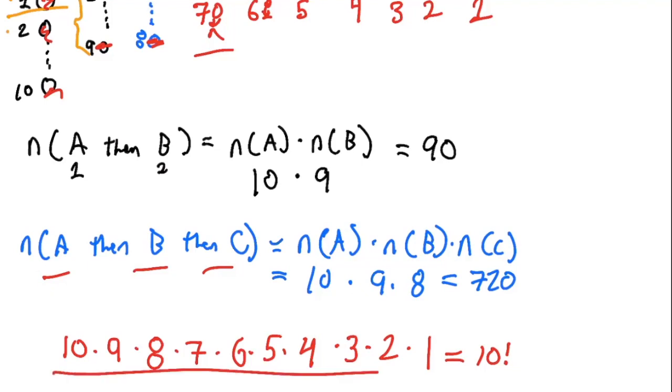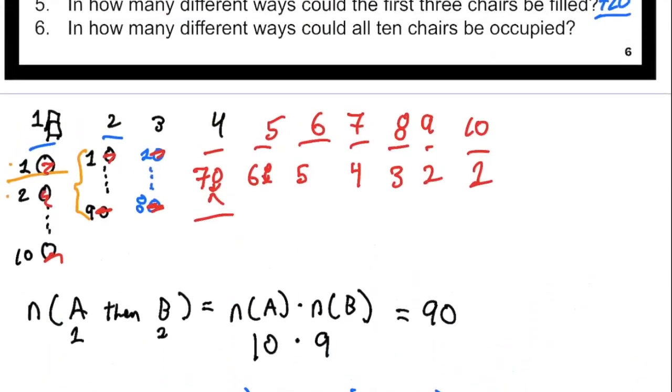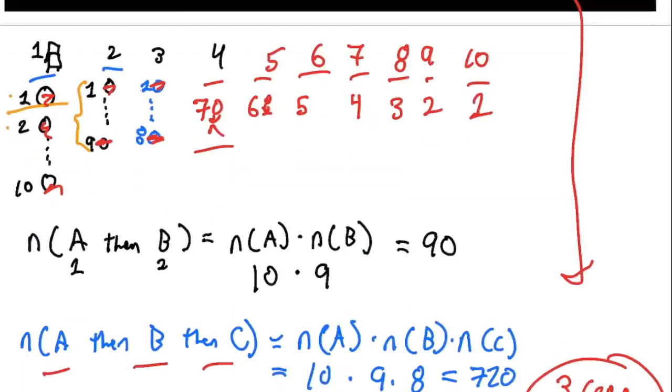So if we multiply all of these out on a calculator, we end up with the number 3,628,800. So this is the number of ways we could fill all 10 chairs.